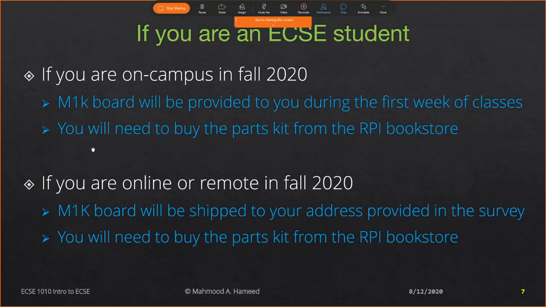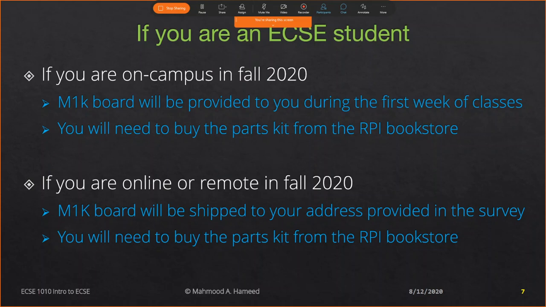Now next, how about the parts kit? You will still need to buy the parts kit from the RPI bookstore. The RPI bookstore informed me this morning that they have the parts kit link available, so you can start putting your order in for the parts kit that is meant for this class, ECSE 1010. I'm not exactly sure about the price, but it should be around the $50 mark.